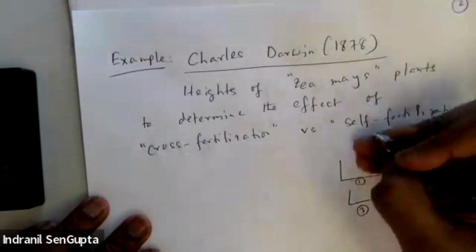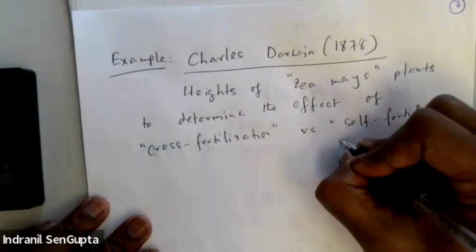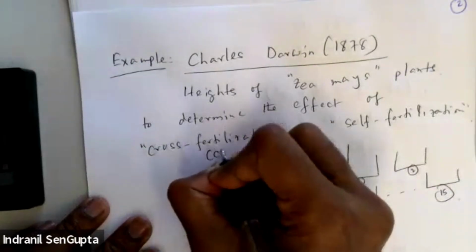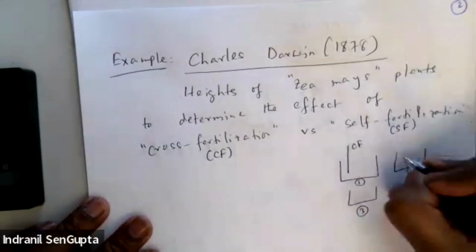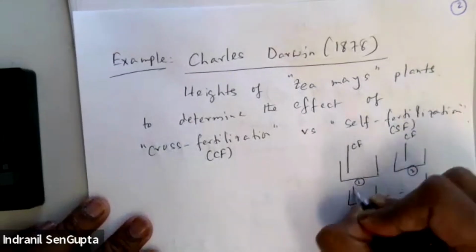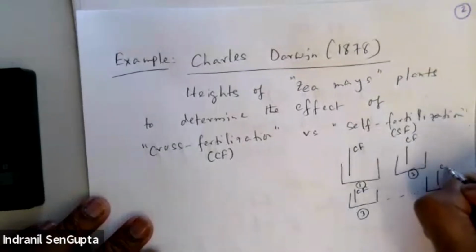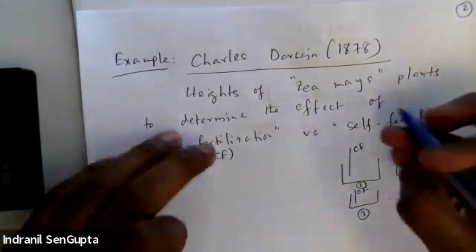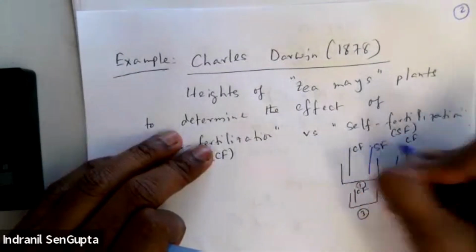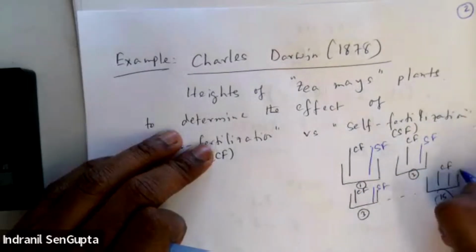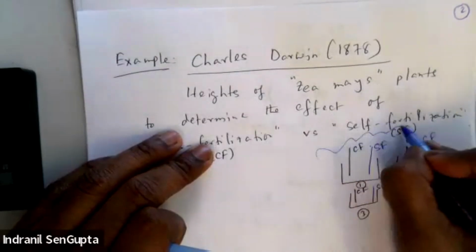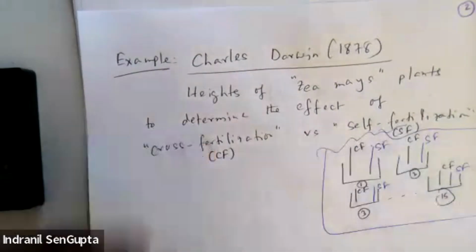In each of these pots, we have one cross-fertilized plant, CF, and one self-fertilized plant, SF. So that's the picture.